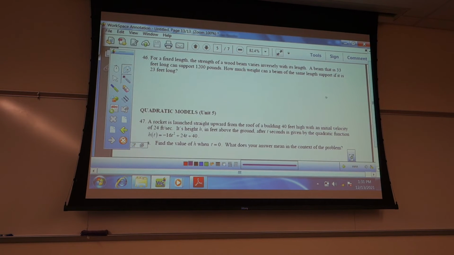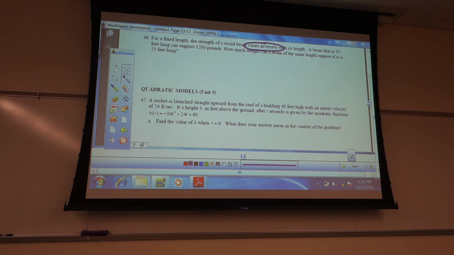Inverse variation. Yeah, it varies inversely. Everybody see that one? How about 47? Yeah, so it says quadratic function. Does everyone see that? That's going to be quadratic. Everybody following that?